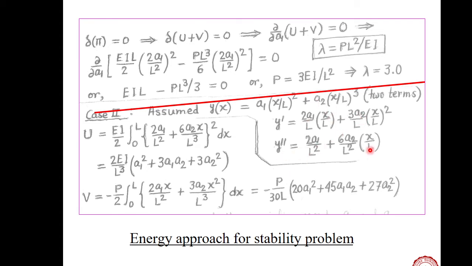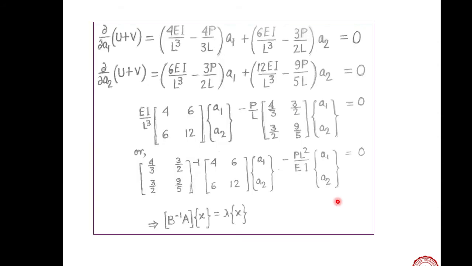Second derivative is this, and then substitute them in our expressions for u and v. This is the final expression for u, this is the final expression for v. Again we will form the total potential u plus v, and minus is coming from this v expression.